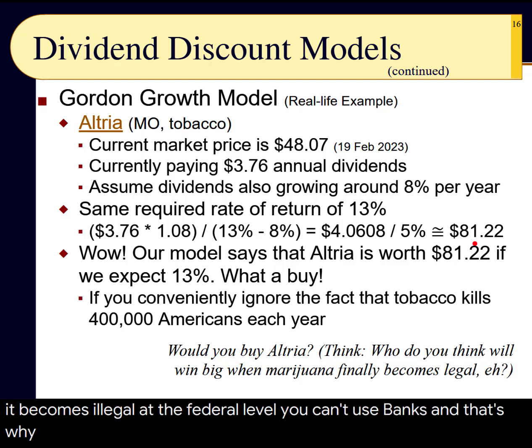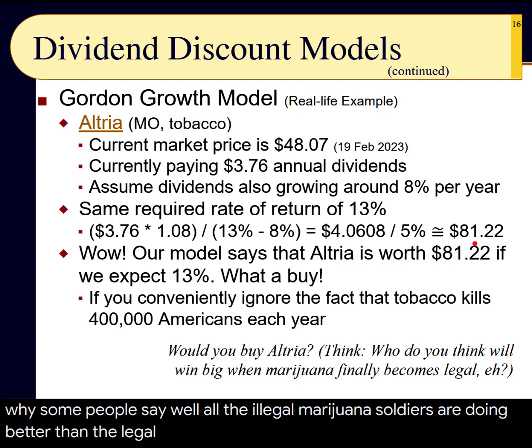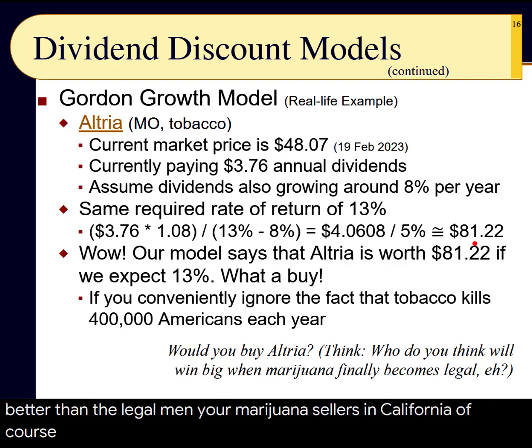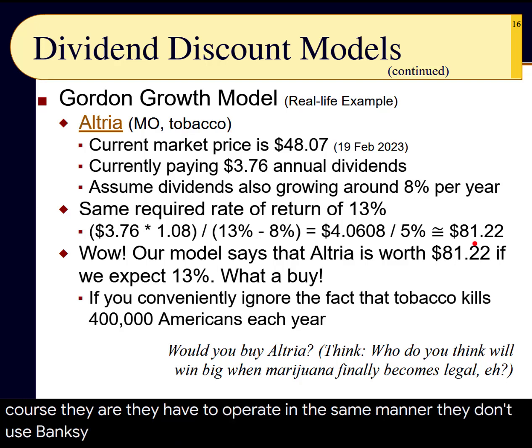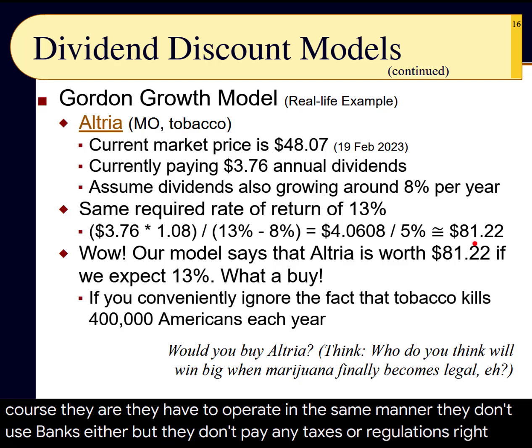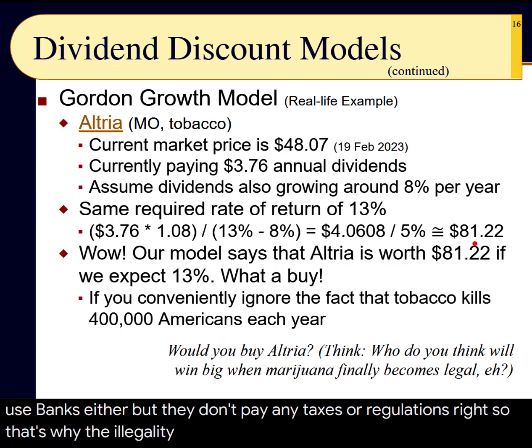And that's why some people say, well, the illegal marijuana sellers are doing better than the legal marijuana sellers in California. Of course they are. They have to operate in the same manner. They don't use banks either, but they don't pay any taxes or regulations, right? So that's why the black market's doing better than the legal market.